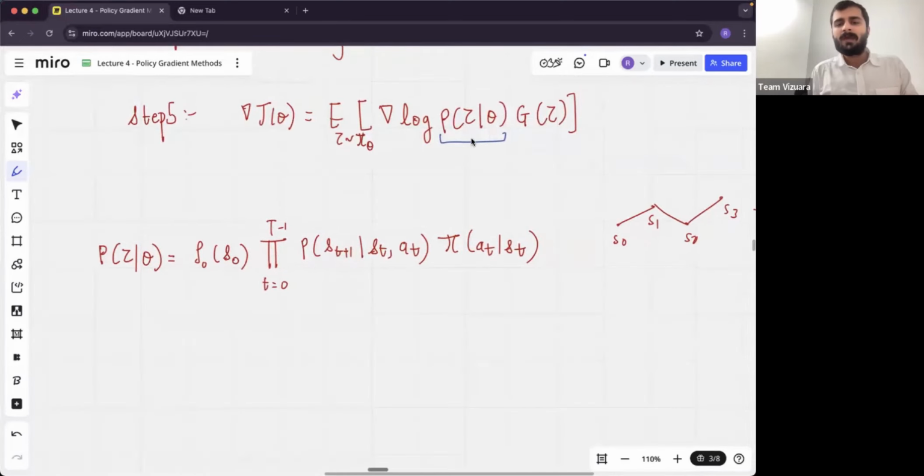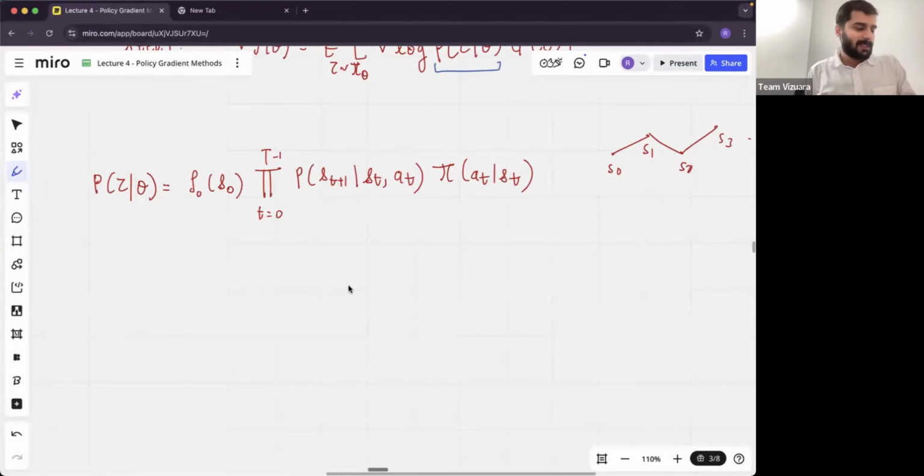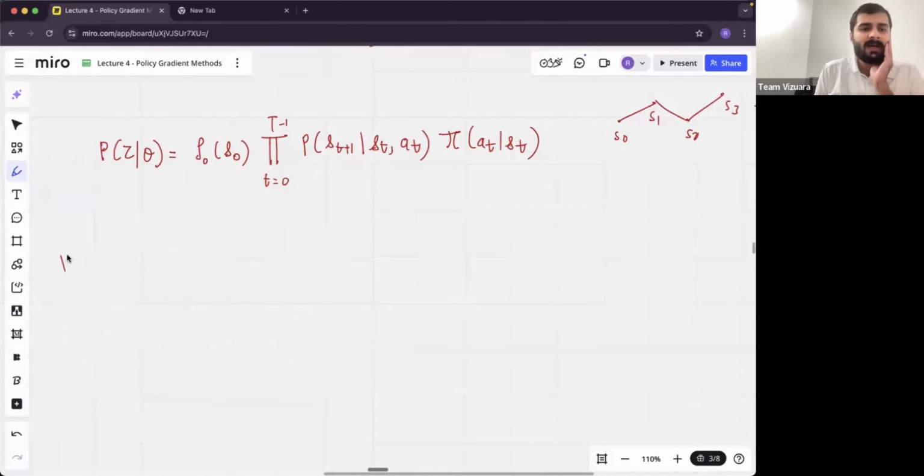Now, here what we have to do is take grad of log of this. So grad of log of p of tau given theta is going to be grad of log of all these terms. Now, log of a into b can be written as log of a plus log of b, and we are going to use that same expression here. We are going to split these terms, and that's what log allows us to do.